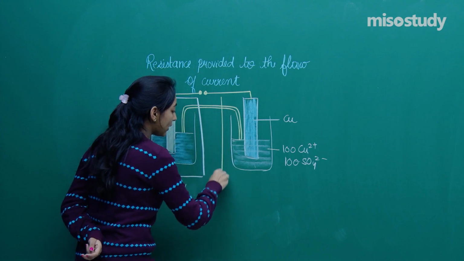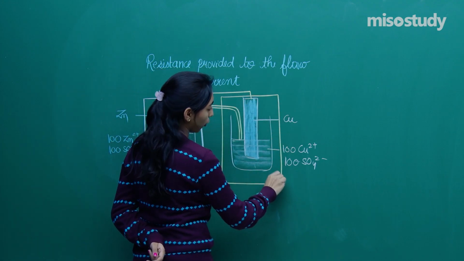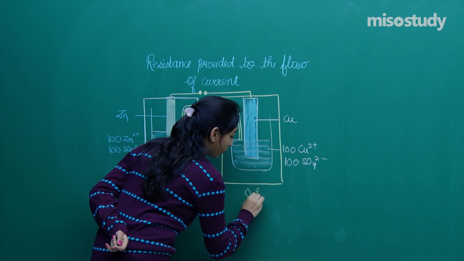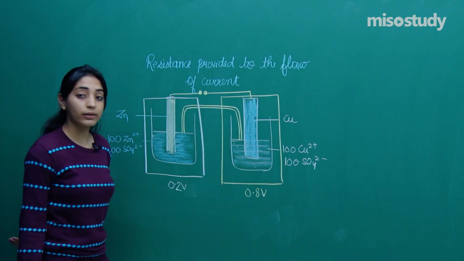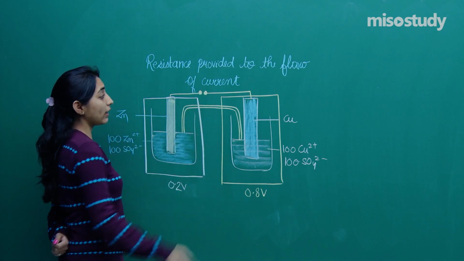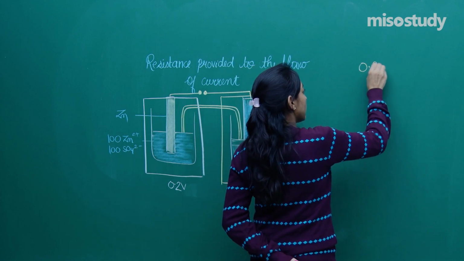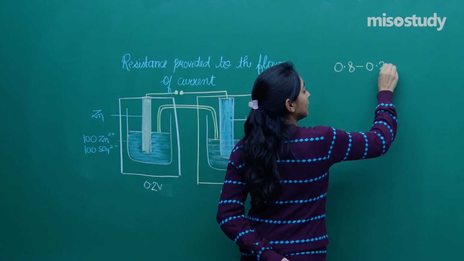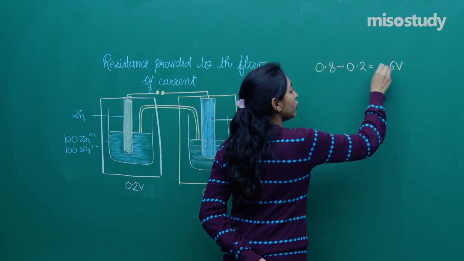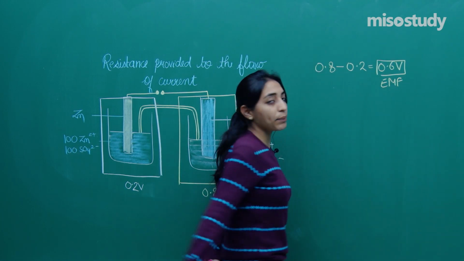Similarly, the potential in the right hand side compartment, when copper and 100 CuSO4 were there, was 0.8 volt. Now you measure the potential difference, it will give you 0.8 minus 0.2, which is 0.6 volt, which is the EMF of the cell.